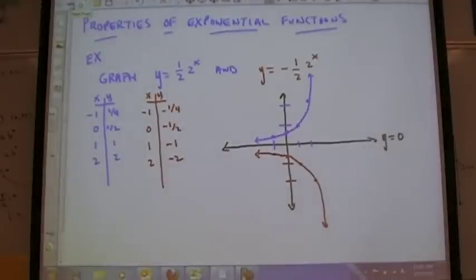All right, ready? Okay. All right. The next one, I don't need a table of values.